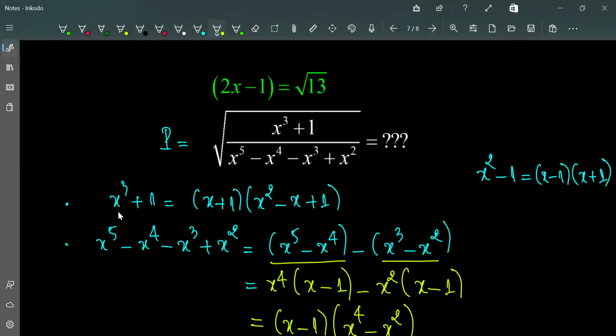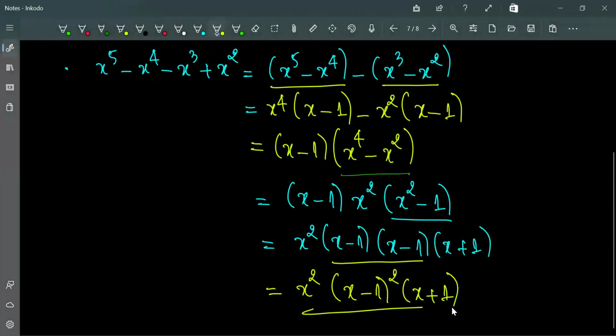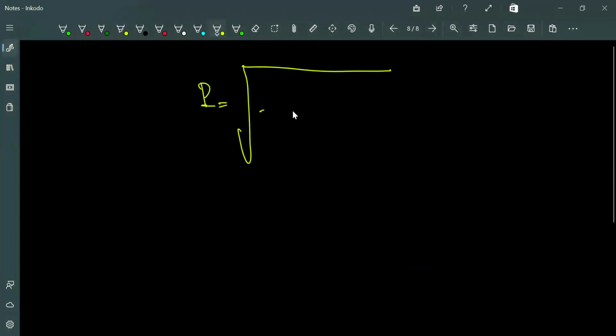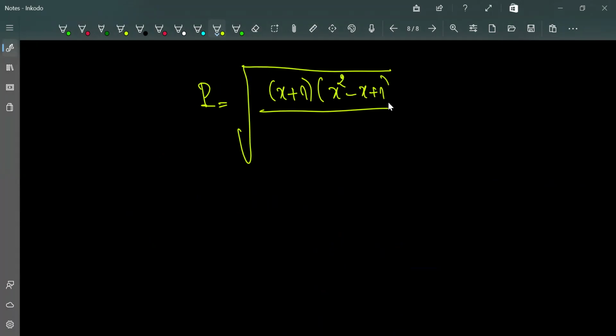Okay, then we can replace x cubed plus 1 by this and replace the other by this. Okay, so now we can write x plus 1 times x squared minus x plus 1 over x squared times x minus 1 squared times x plus 1.